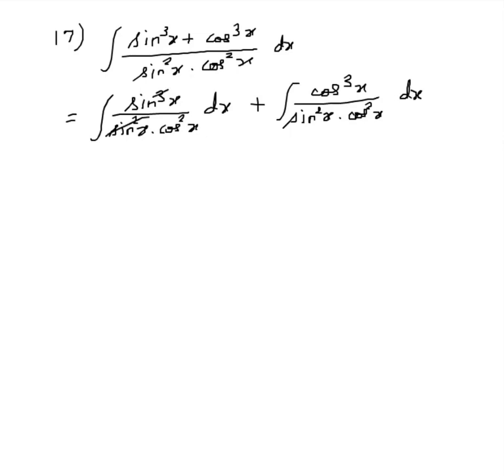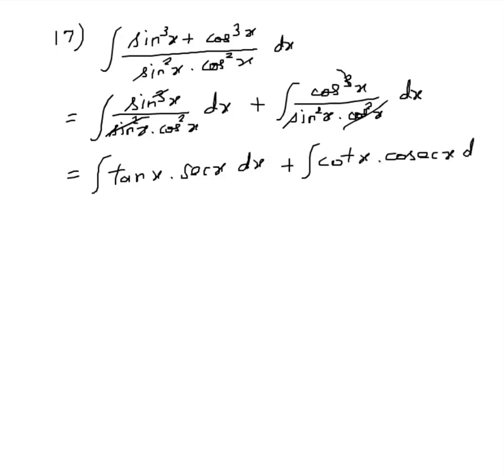Let us simplify. We get sin x by cos square x. Sin x by cos x is tan x, and 1 by cos is secant x. Similarly, cos square gets cancelled. Cos x by sin x becomes cot x, and 1 by sin x is cosecant x.